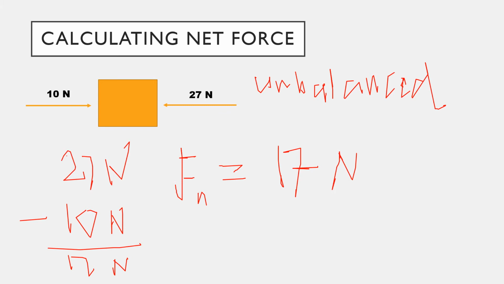So, 27 Newton is going to the left and 10 Newton is going to the right. Since 27 is bigger than 10 Newton, the direction of this net force is going to the left. Okay? So 17 Newton going to the left.